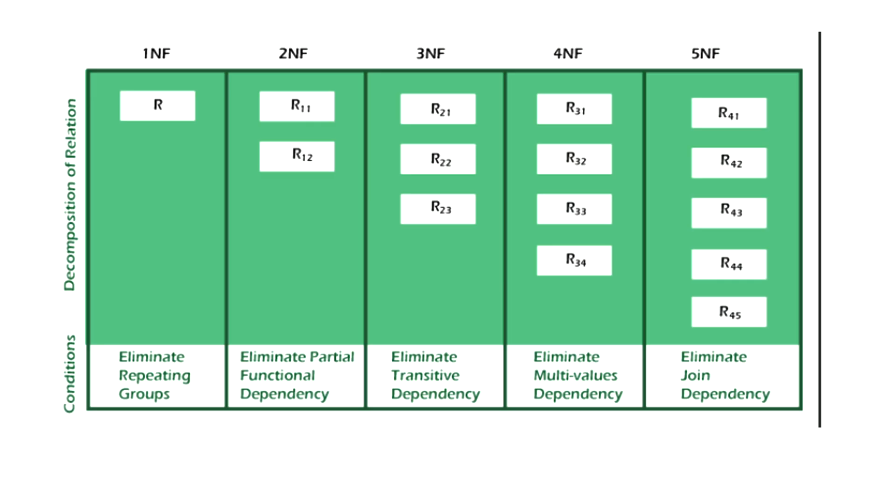In 1NF, we eliminate the repeating groups. In 2NF, eliminate partial functional dependency. In 3NF, eliminate the transitive dependency. In 4NF, eliminate the multi-valued dependency. In 5NF, we eliminate join dependency.